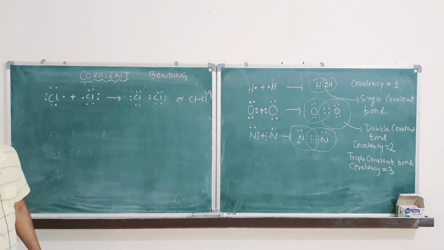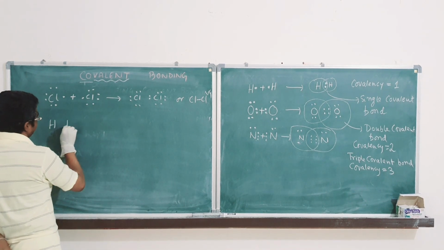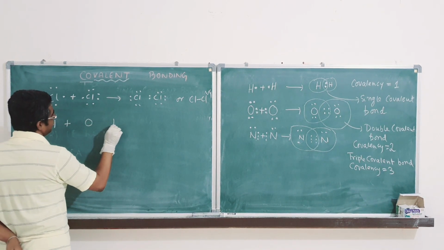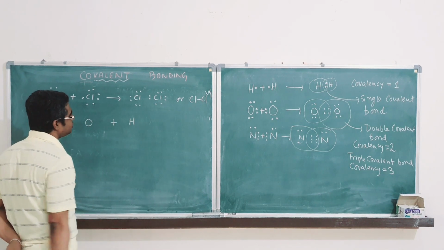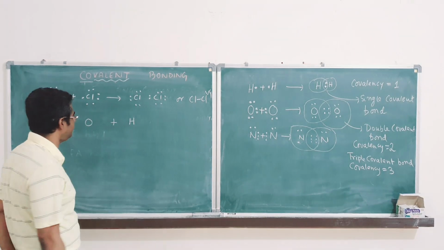Next is water. So let's take water now. Hydrogen plus oxygen plus hydrogen. So this is water, H2O, basically we know that. By cross multiplication of valency you can easily find out what is water.